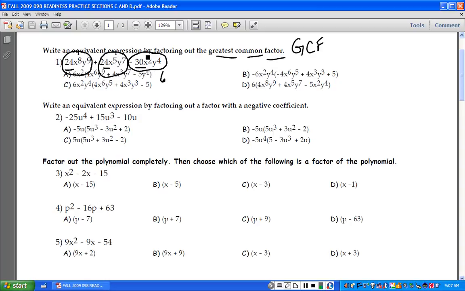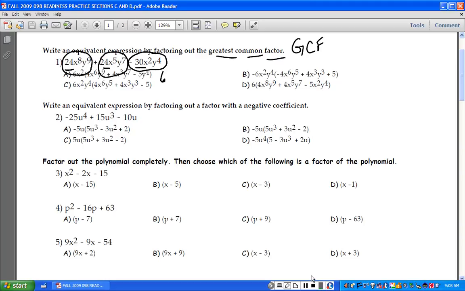We look at each of these 3 terms and see if there is a variable that's common to all 3. In this case, we have an x in each term. Notice x there, x there. And we have a y in each term: a y to the 9th, a y to the 7th, a y to the 4th. So we've met the check of seeing that there's a variable in each term to be factored out.